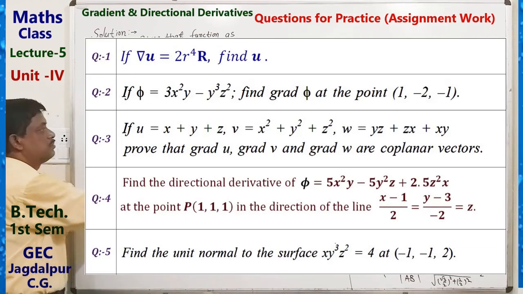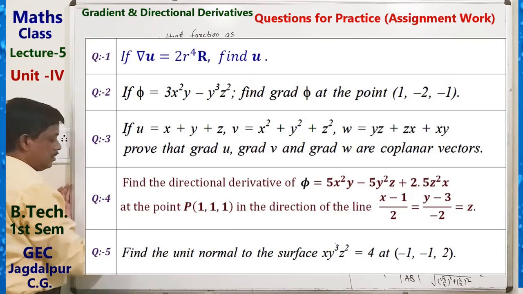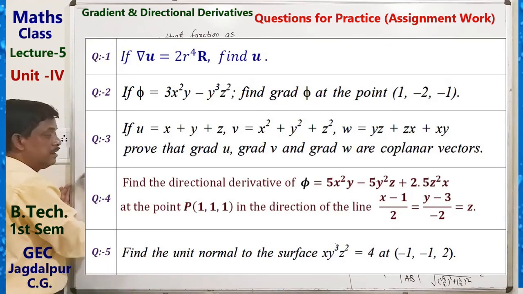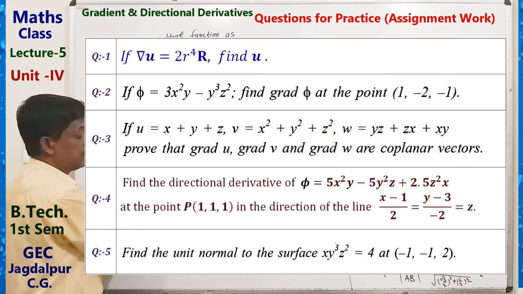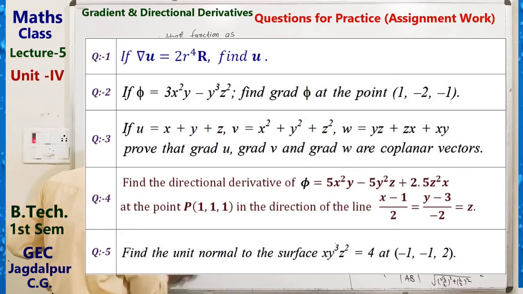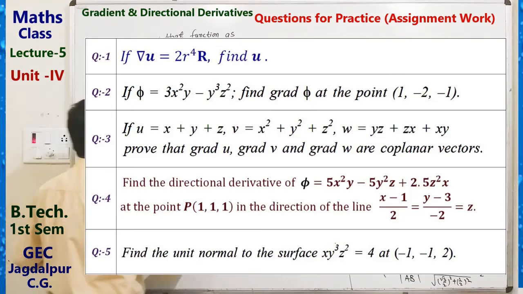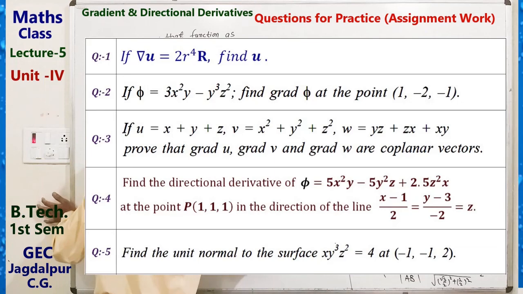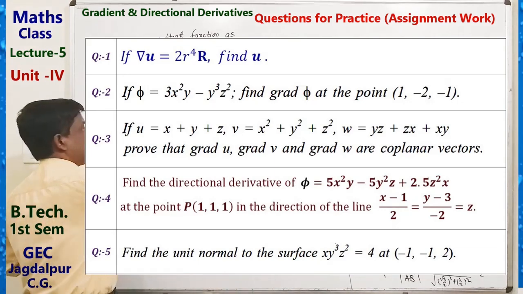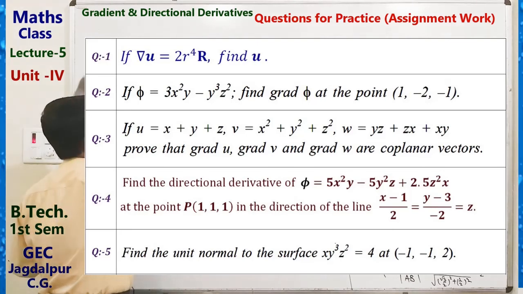Use the concept of gradient. What is gradient? Gradient is a vector quantity of a scalar point function, a scalar function, that is phi x y z. Gradient is a vector normal to the surface at a point.